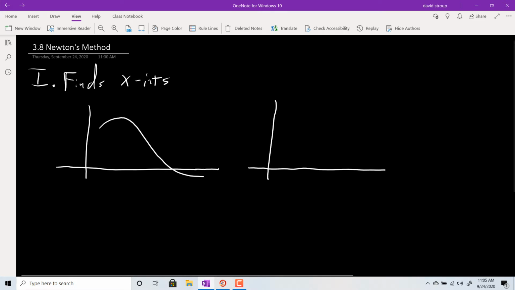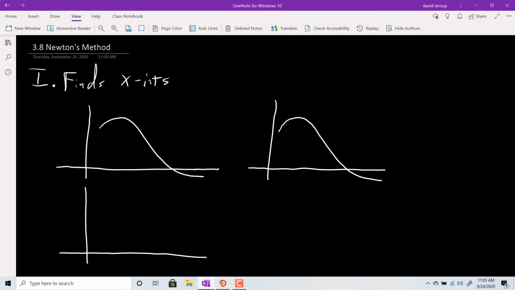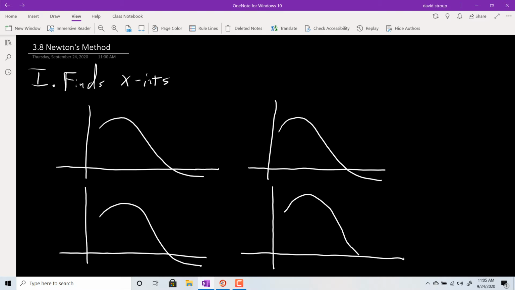So I'm going to do like 4 of them. It's supposed to be the same graph drawn four times, okay? So something like that. All right.